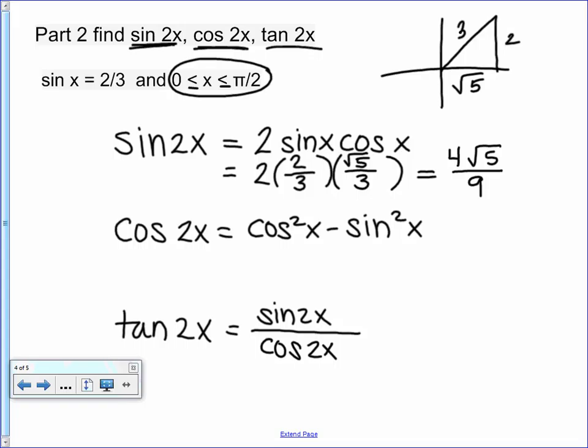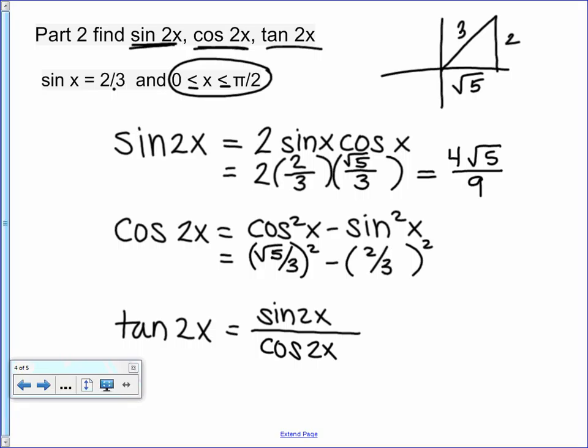But now we have 2 more. They want us to find cosine of 2x. So I'm going to show my work. The first thing you're going to do is figure out what the cosine is. The cosine is the square root of 5 over 3, but what do you have to do with the square root of 5 over 3? You've got to square it. Minus, the sine is 2/3. I'm going to square it later.